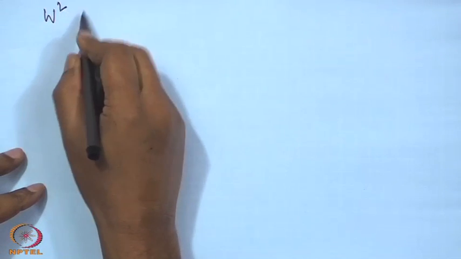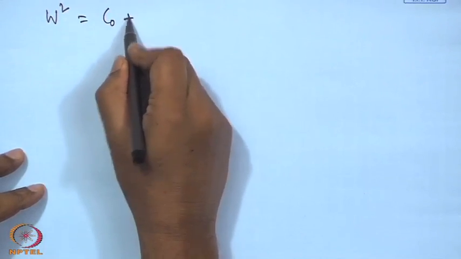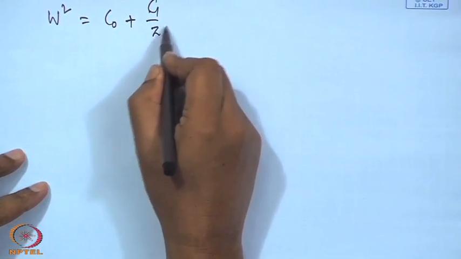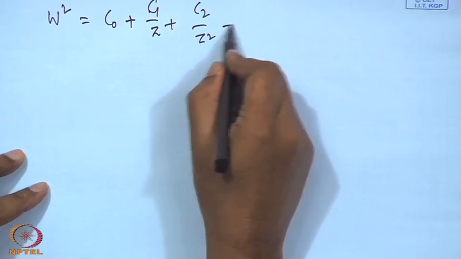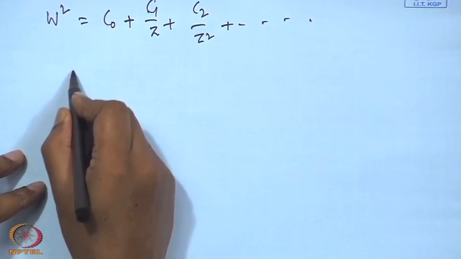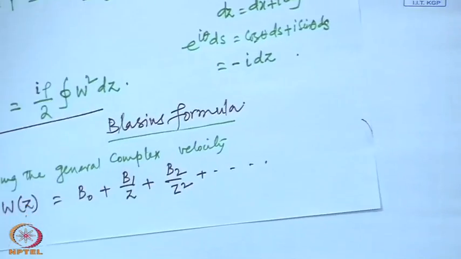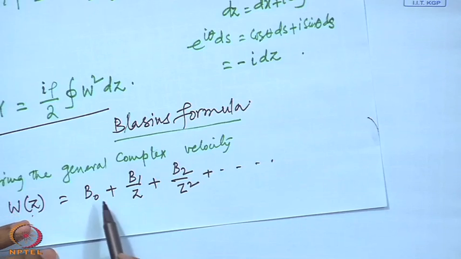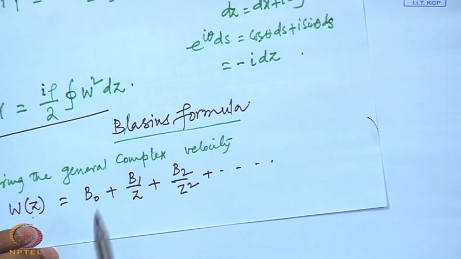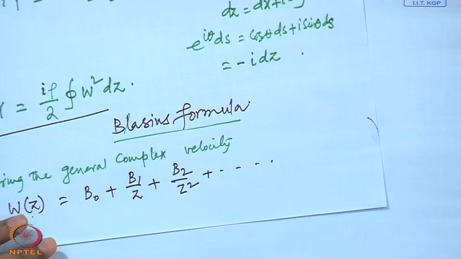Once again, let us say we can write w square is C0 plus C1 by z plus C2 by z square and so on. And C1 equal to how much? See, when you square this, only the 1 by z term will come because of the product of these two.